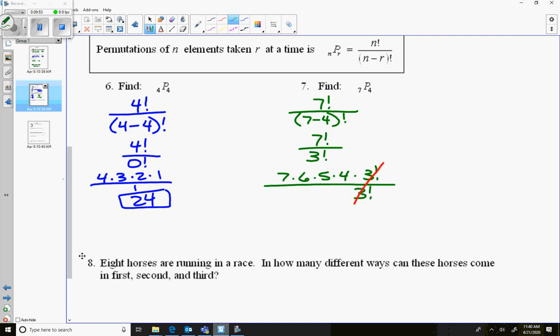Those go away. And we are just doing this math right here. 30 times 28. 28 times 3 is 84 with an extra 0, so 840.